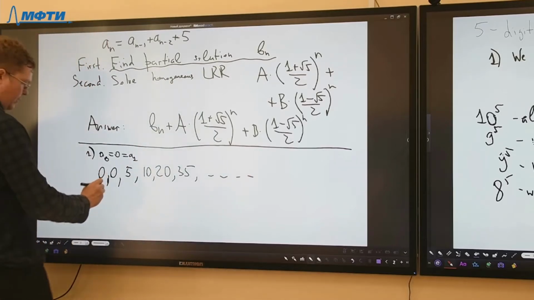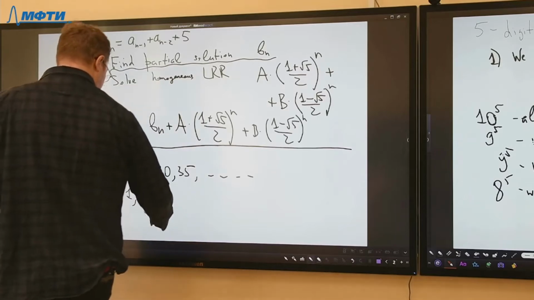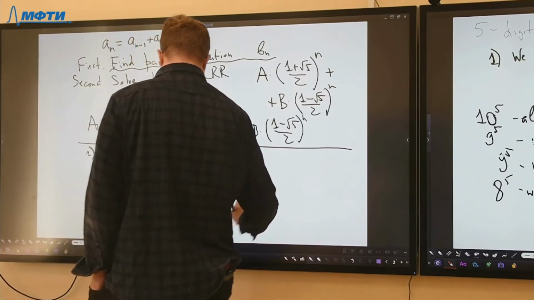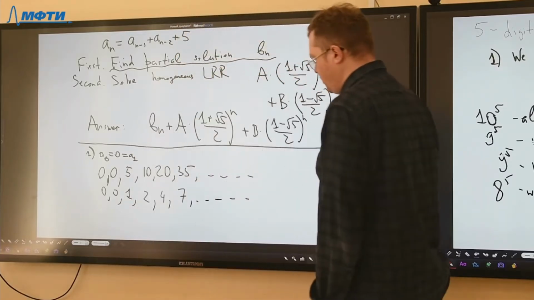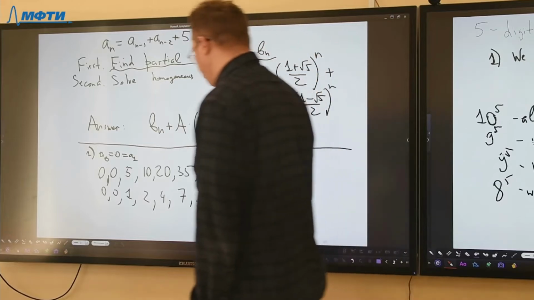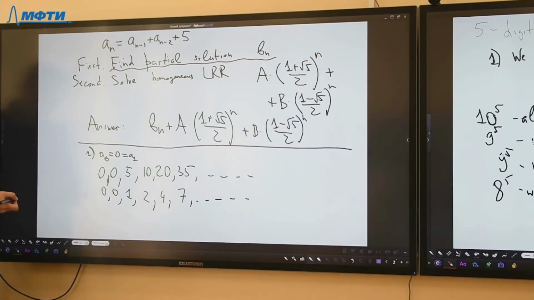So if you divide this by 5, because all of this is divisible by 5, you can see that this reminds you of the Fibonacci numbers minus 1, yes.